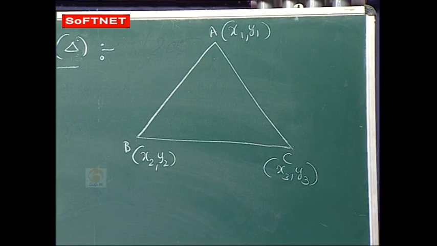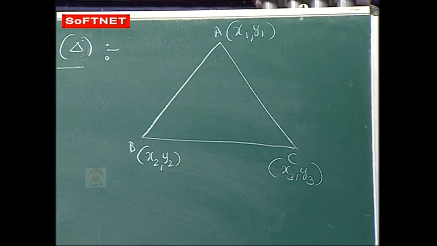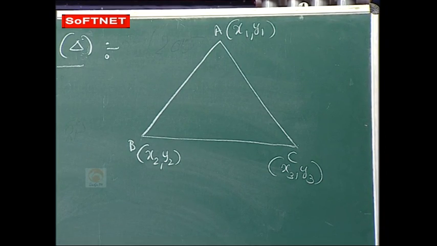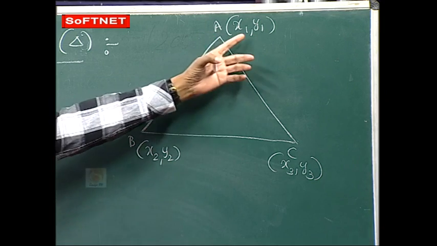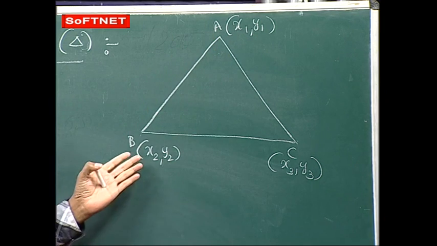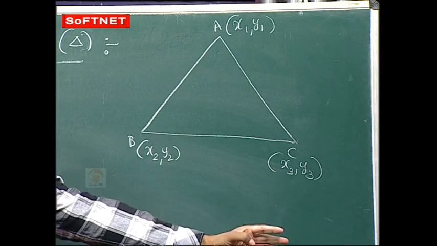Now, how to find out area of this triangle whose vertices are A x1 comma y1, B x2 comma y2 and C x3 comma y3.